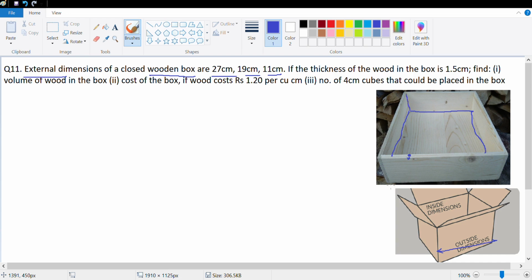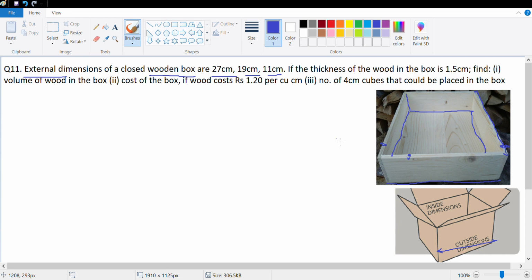But when I look at the external breadth, this full thing would be my external breadth, because this thickness of the wood is being counted twice. Similarly, in the depth, the thickness of the wood would be counted twice. Similarly, in the height, the thickness of the wood would be counted twice. So external dimensions will always be more than the internal dimensions.